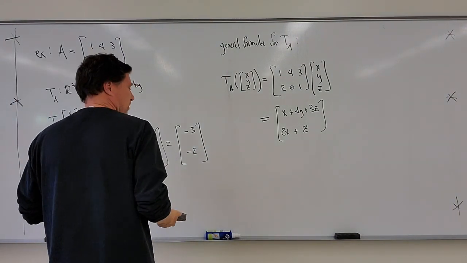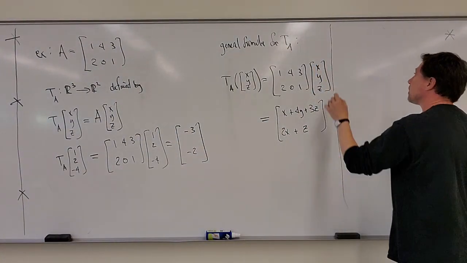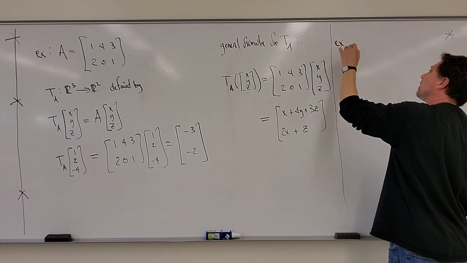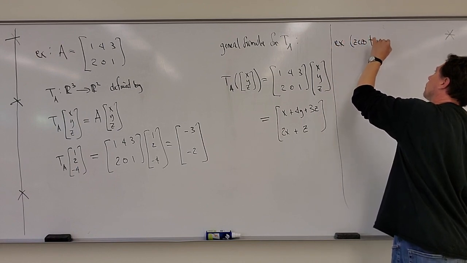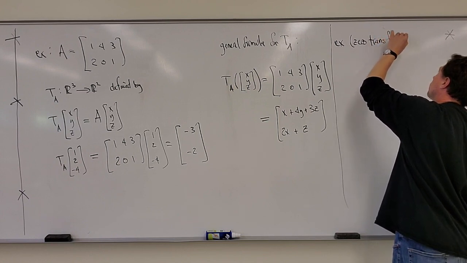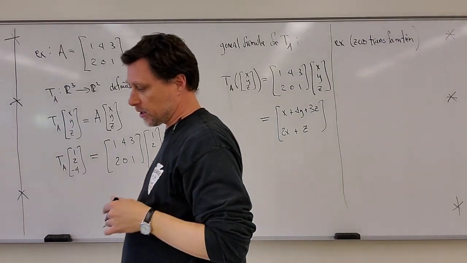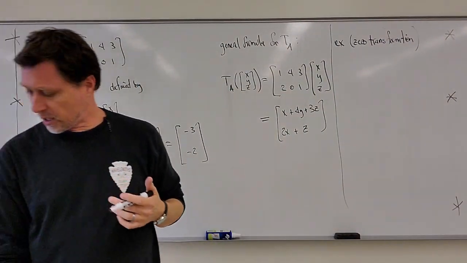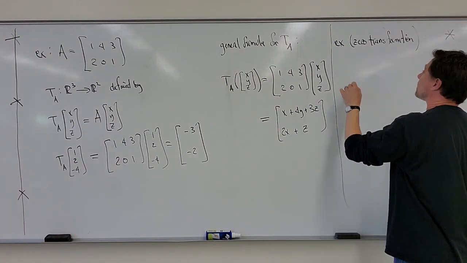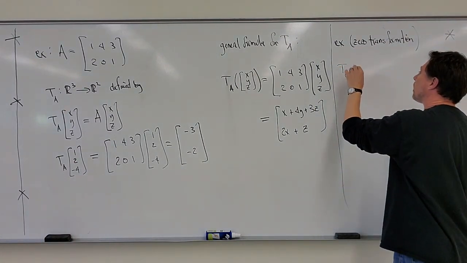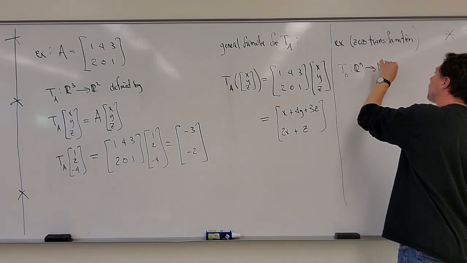Some more special examples. The first one has a name. It's the zero transformation. Now what that's going to do is associate to each vector the zero vector. So T sub 0 goes from Rn to Rm. And how does it work?